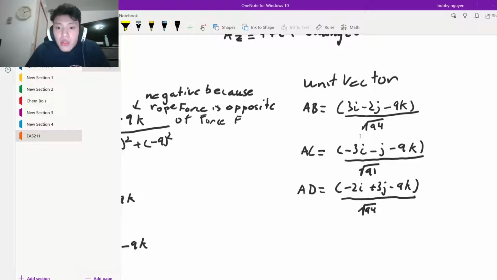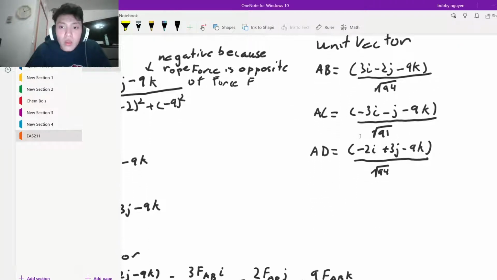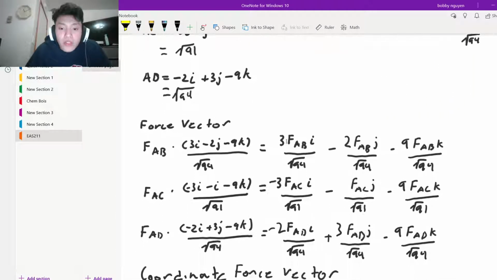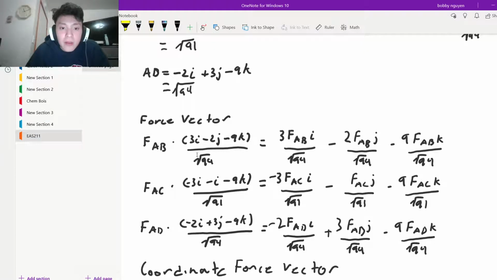Once we've done that, we find the force vectors, which is basically finding how much force is in each direction, and you do that by multiplying F_AB, which is the force, by the unit vector.